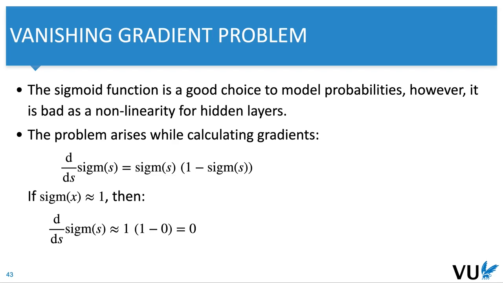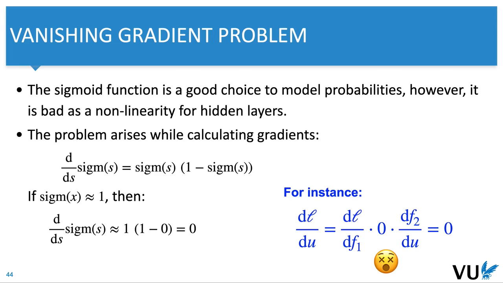We have 1 minus 1, which gives 0, and the gradient with respect to s of this sigmoid function equals 0. So this is the vanishing gradient, because if one neuron is super certain, it will zero out a big part of the neural network. It will not be trained at all. Then, for instance, we calculate with respect to u, some neuron is 0, everything is 0, and this is a very bad situation, all right?